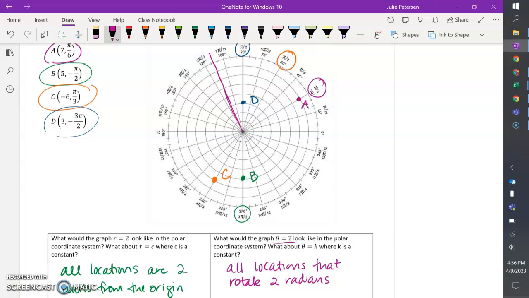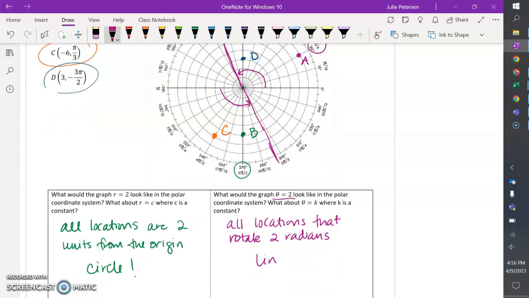And you notice all of these points, no matter how far out the r value is, are about 2 radians from our positive x-axis. We can also imagine that this line would continue and go down this way as well. And so you can see that that shape is a line. So when we have just an angle given with no r value, we're looking at a line.